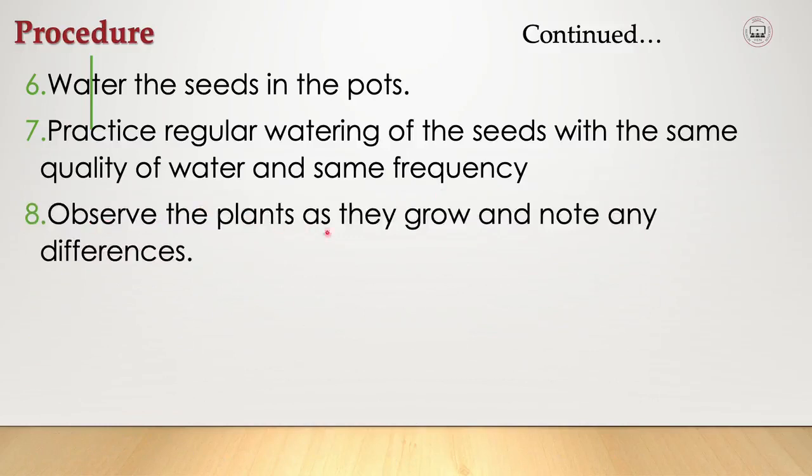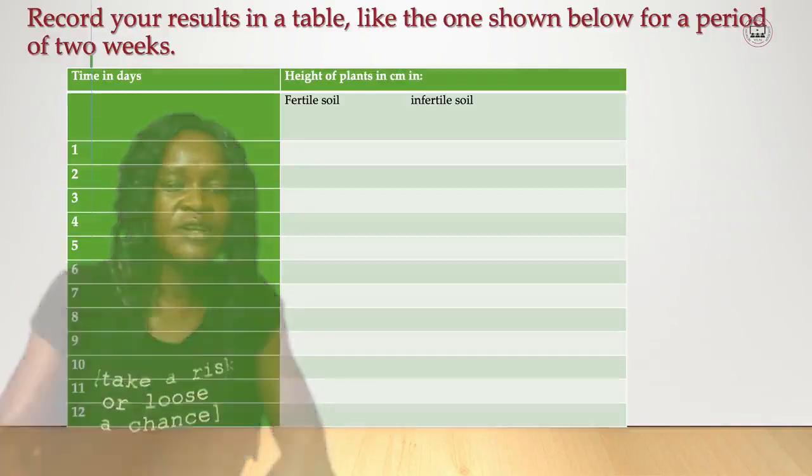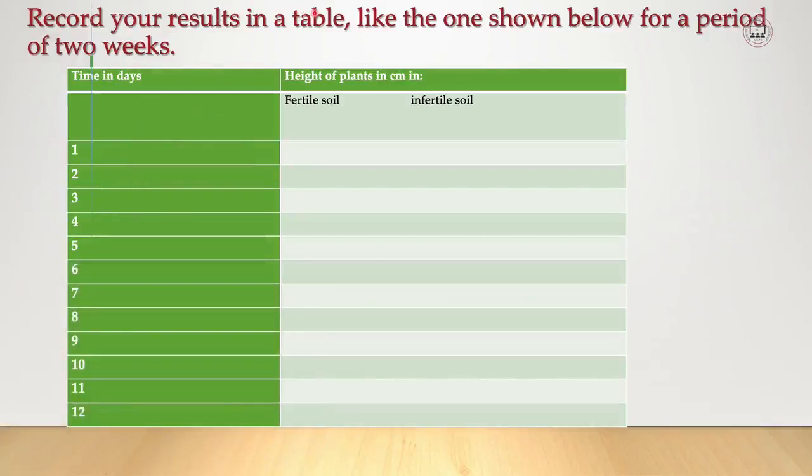Then observe the plants as they grow and note any differences. Apart from that, you also need to measure the height of each plant using a ruler on a daily basis. After the observation, you can record your results in a table like the one shown, for a period of 2 weeks.